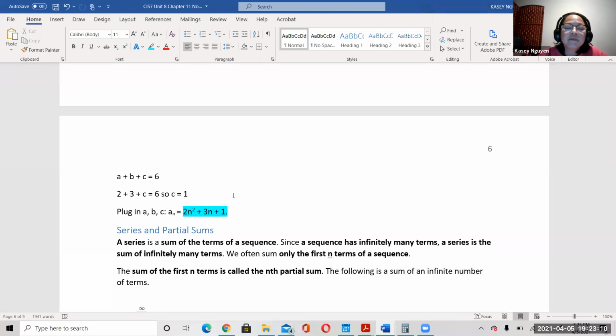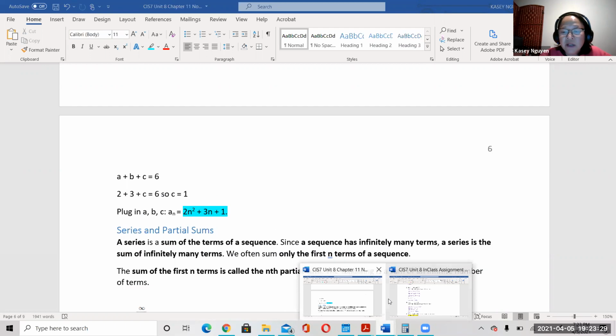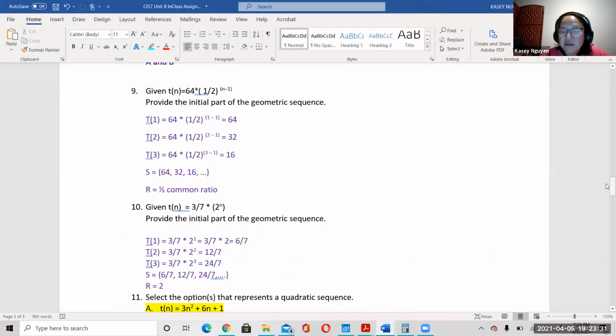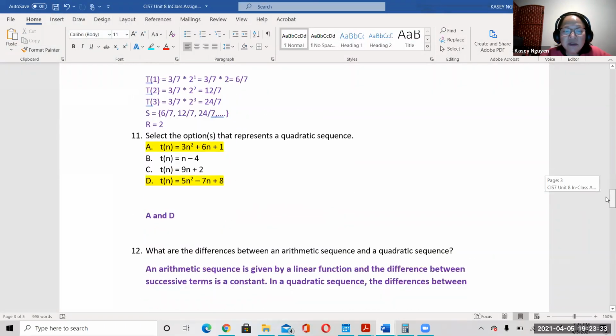Okay. There are other approaches to solving this, but since we talk about the difference, right? The first level is a function, the second level is a constant. I want to show you that. Okay, so let's do this one and then we'll talk about series or partial sums.